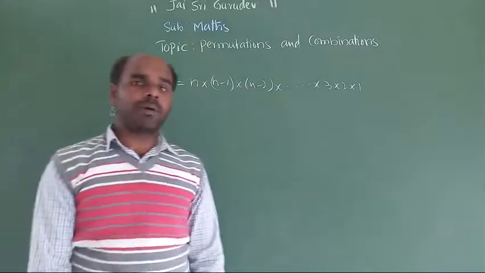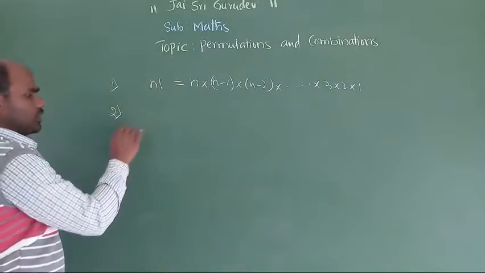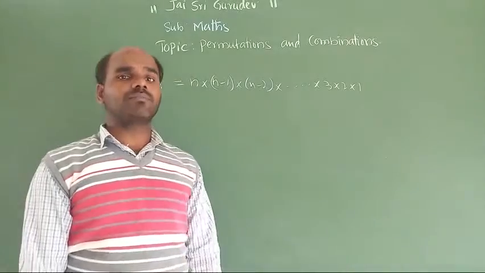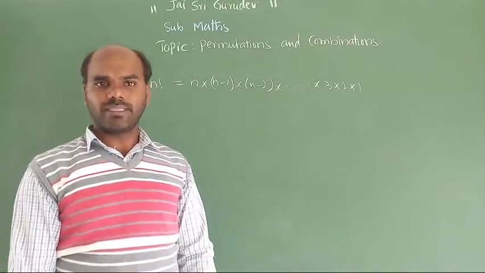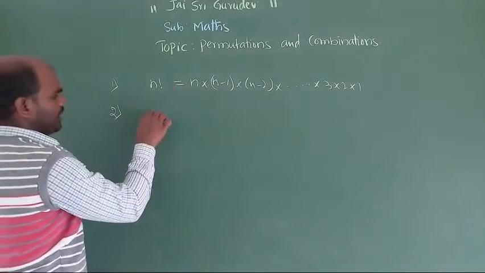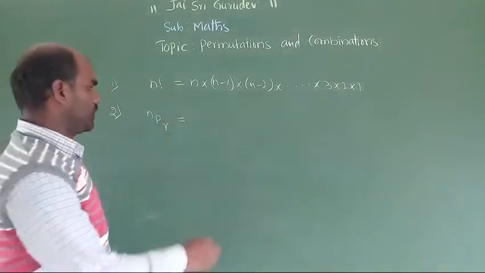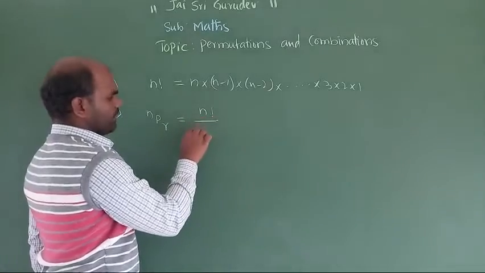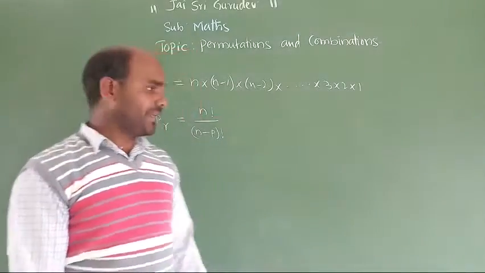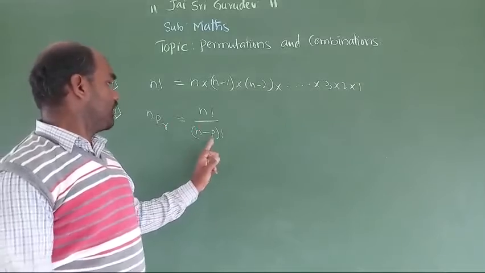now we are taking permutations, n P r, where n is the total and r is how many chances are possible. So nPr is equal to n factorial by n minus r factorial.